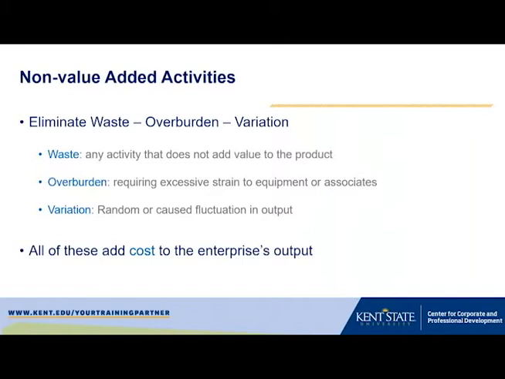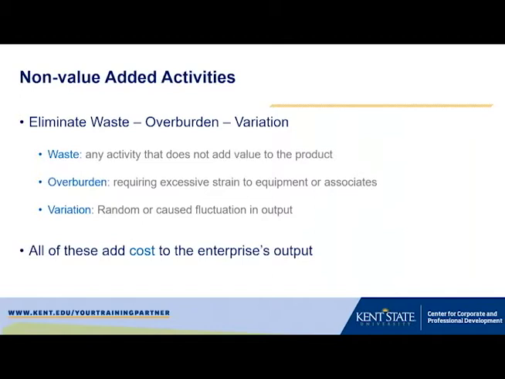And those things all add to non-value added time, non-value added activities. So waste, overburden, and variation, those are the three. And variation, again, a quality quote, variation is the enemy of quality. When you've got variation, you've got noise, you've got inconsistency, reliably meeting customer requirements becomes more challenging.